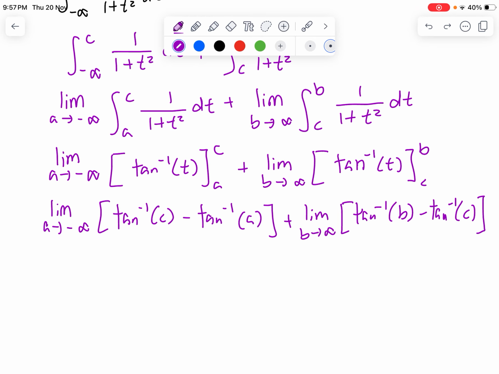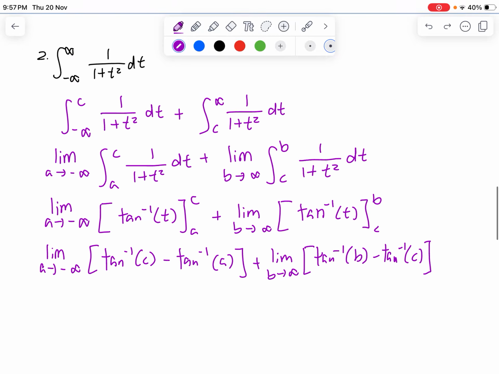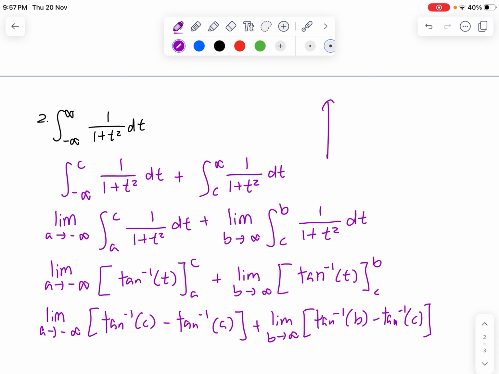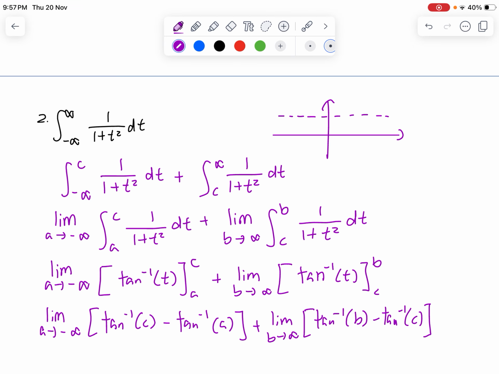Now for a, because right now the limit is approaching negative infinity, what we want to do before anything is take a look at what the graph of tan inverse looks like. Remember, tan inverse is bounded because the original function's range is infinite, but in the inverse it's opposite.